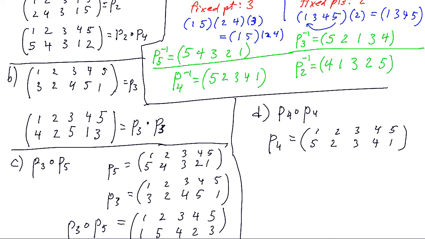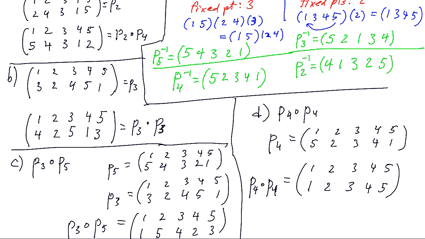And so, P4 composed with P4, we're just going to apply P4 twice. It takes 1 to 5 and then 5 to 1. It takes 2 to 2 and then 2 to 2. It takes 3 to 3 and leaves it fixed. 4 is fixed. 5 to 1, then 1 to 5.